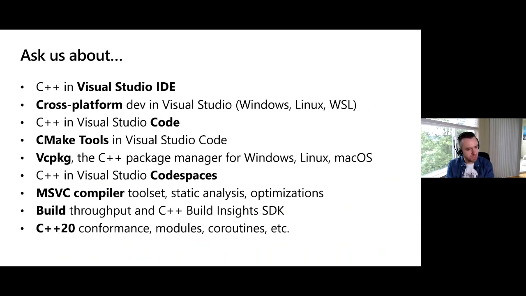Really quickly, I think we touched on this before. We do have support for both our code analysis and clang-tidy inside Visual Studio. By default, if you're building with the MSVC compiler, you're going to get our code analysis. If you're building with Clang, you're going to get clang-tidy, but you can also turn on clang-tidy for the MSVC compiler.